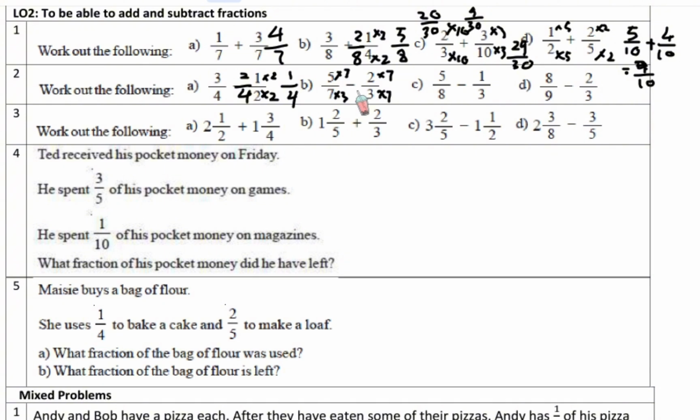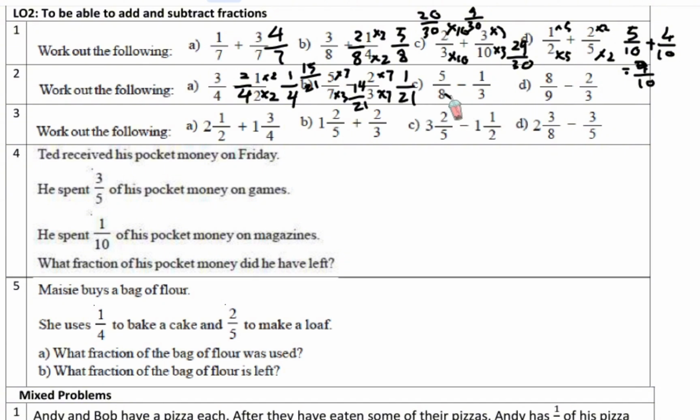So we will get 15 over 21 and 14 over 21. So our final answer will be 1 over 21.